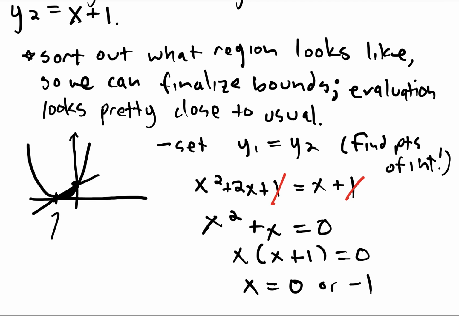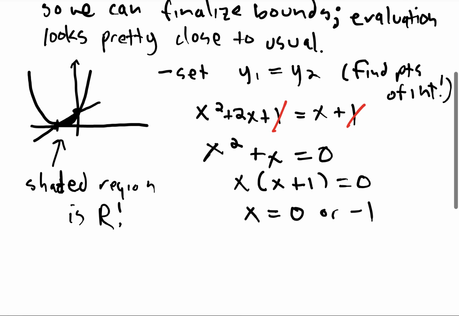This little shaded region is my R. It goes from minus 1 to 0. You'll notice that we have the line on the top and the parabola on the bottom. So I could go off of this graph to make that note.